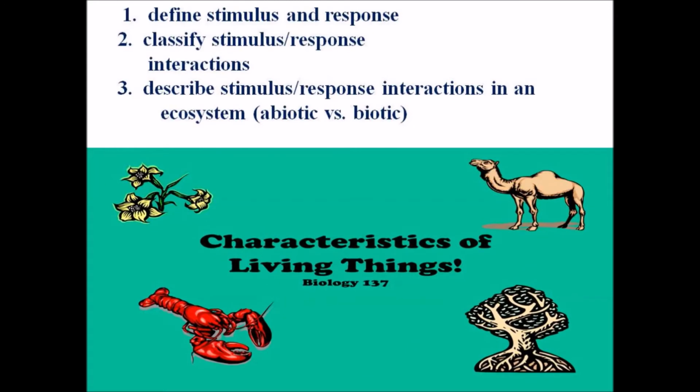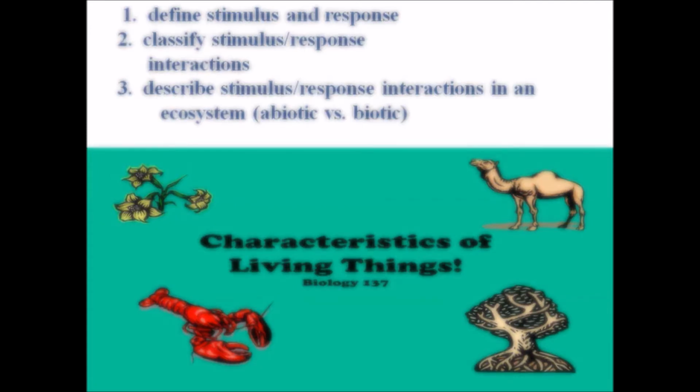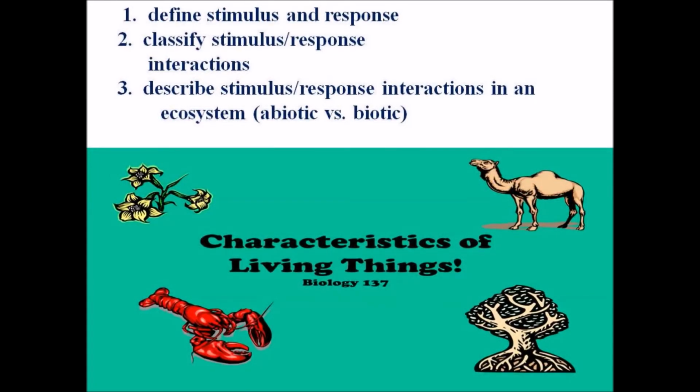If the living thing is responding to its stimuli, what is this stimulus and response? How do we classify the stimulus and response interactions? How do we describe stimulus and response interactions in an ecosystem that is abiotic and biotic?